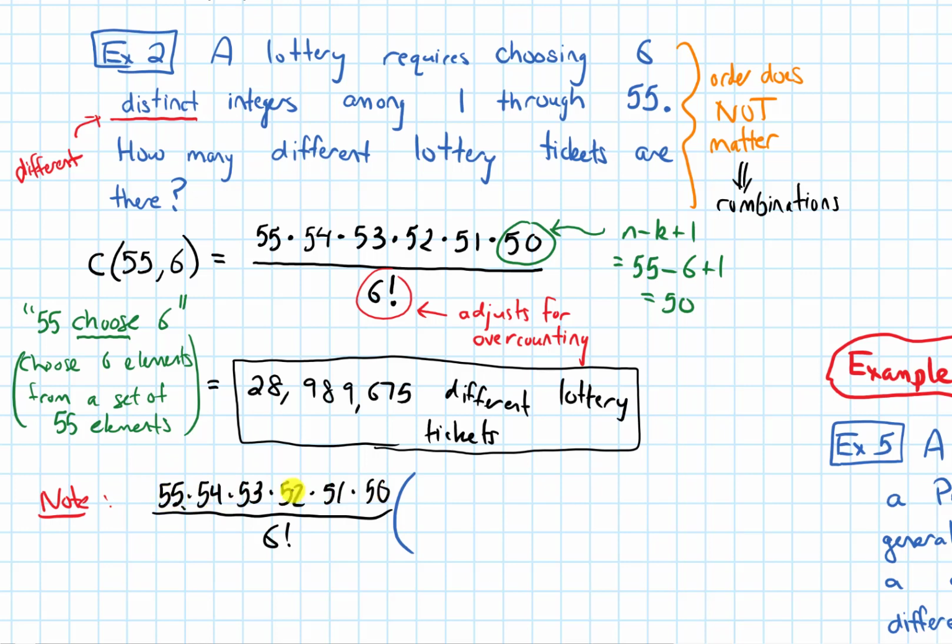I can complete the factorial on the top if I multiply the top by 49 times 48 times 47 times ... until I get down to 1. I'll multiply by the same thing on the bottom: 49 times 48 times 47 times ... until I get to 1. And if we do this, now the numerator is 55 factorial perfectly. And on the bottom, we have that first 6 factorial, and then this other stuff that we put on the bottom is 49 factorial.